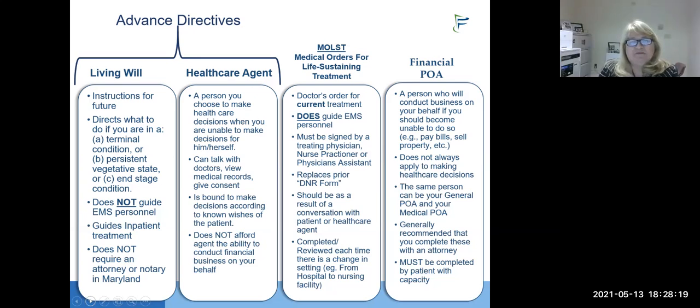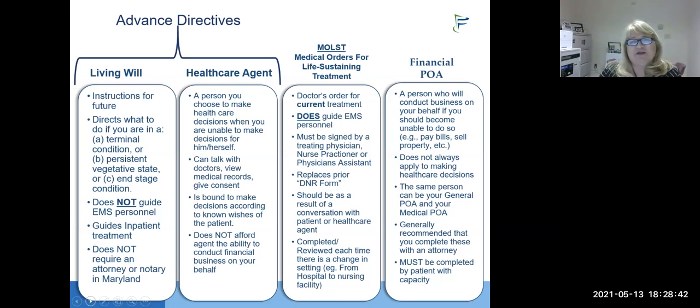The living will only comes into play if you're in a terminal condition, or if you're in a persistent vegetative state, or if you're in an end-stage condition. And in all of the advanced directives, it has those things, even a little bit more of a broader definition of those things. But those are the only times it comes into play.